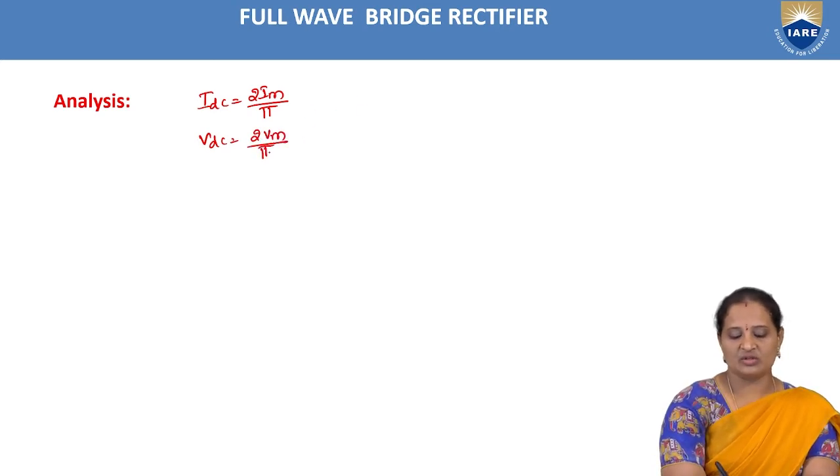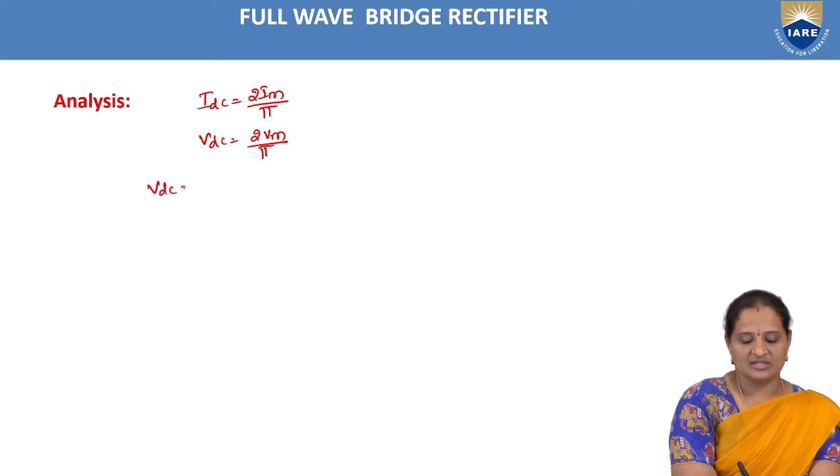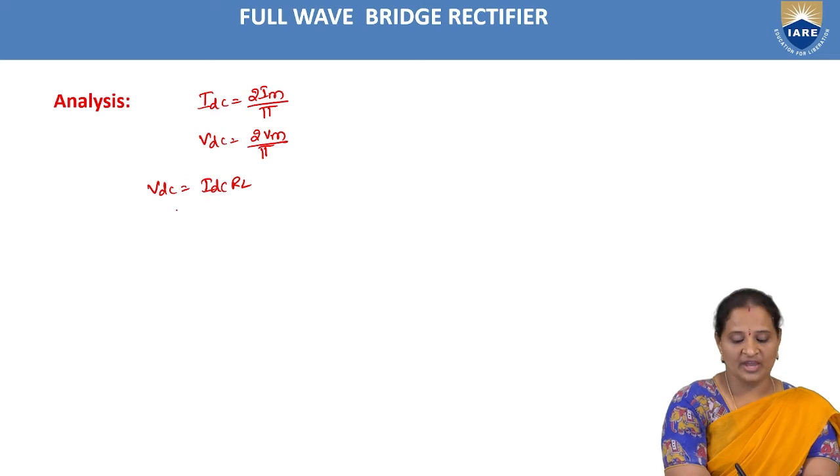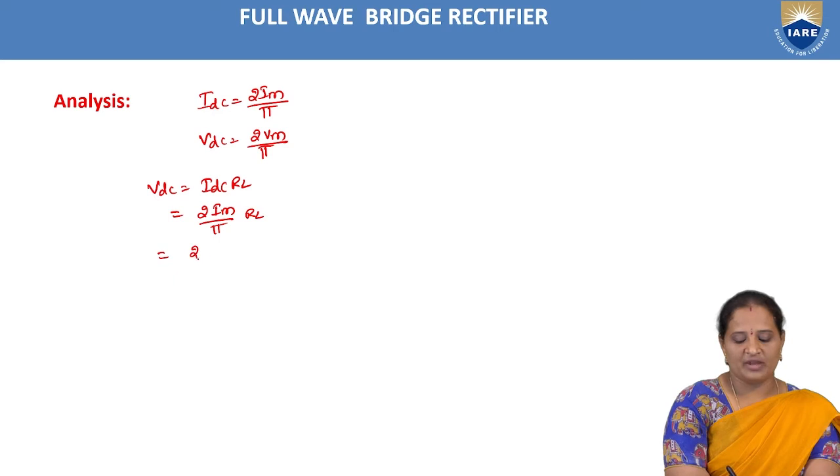Or else we can also say that VDC is equal to IDC into RL, where IDC is equal to 2 IM by pi, and IM we can write as VM by 2 into RF plus RS plus RL.